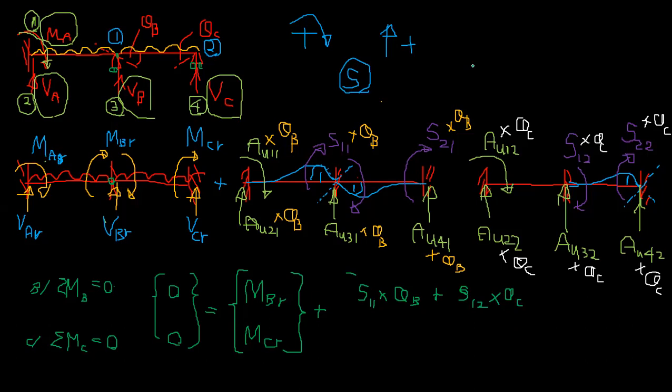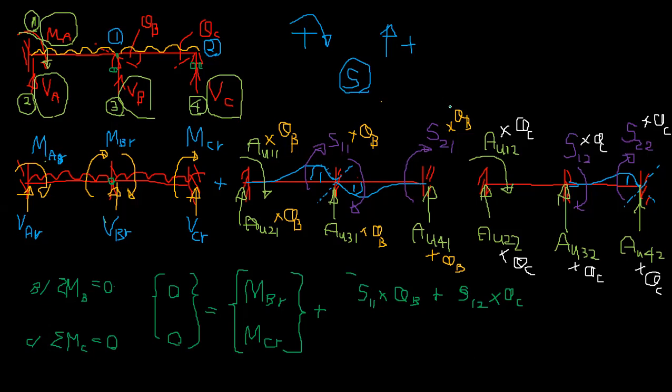So in that case, how we are going to do it is we consider this C point, right? So here, the total bending moment is 0. And here you have MCR in the first primary structure, and you apply a unit rotation at B, and there will be an induced bending moment, right?